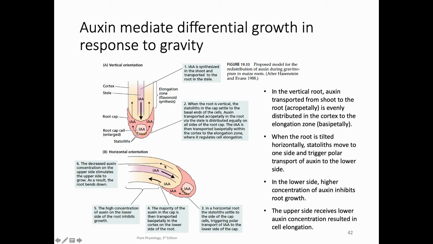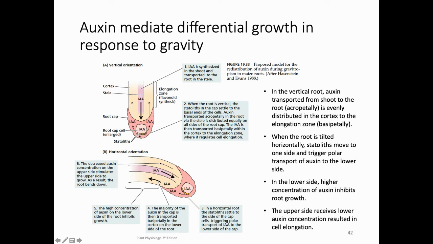So the upper side, which gets just enough auxin concentration, will elongate further or better than the lower side of the plant that receives too much auxin. And this will create the gravitropism movement, so the plant will bend the root down to the new direction of the gravity.